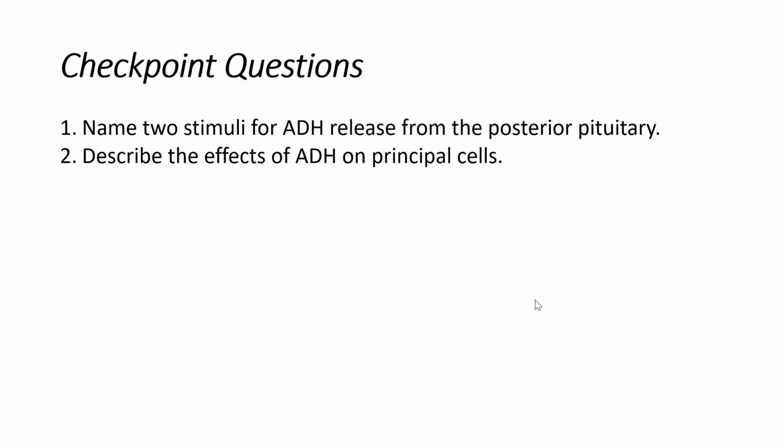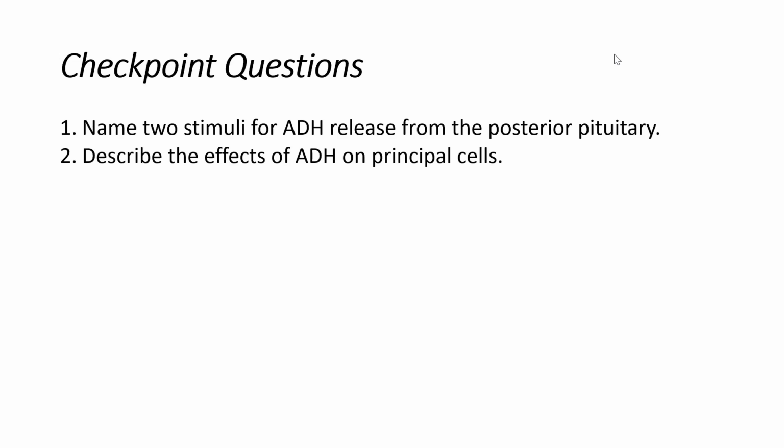So the osmoreceptors in the OVLT, they detect high plasma osmolarity. In other words, very concentrated plasma, which has little water and more solids, right? A lot of solids. So osmoreceptors detecting high plasma osmolarity and baroreceptors detecting low blood volume.